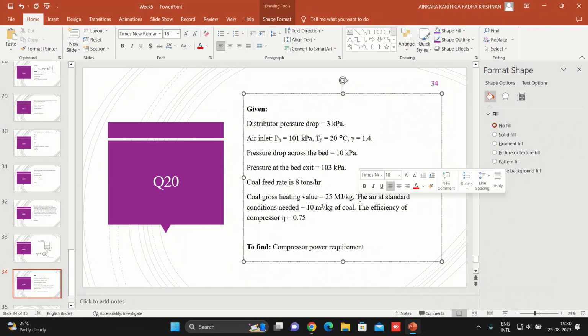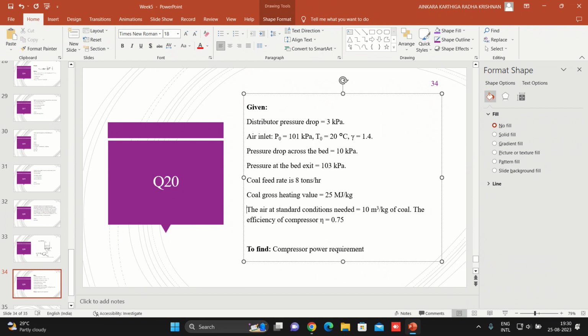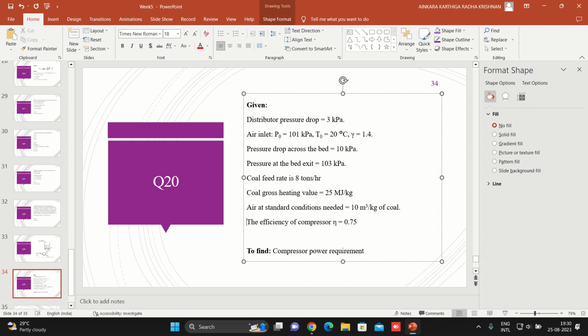Air conditions at standard condition is equal to 10 meter cube per kg of coal. Compressor efficiency of the compressor is 0.75.